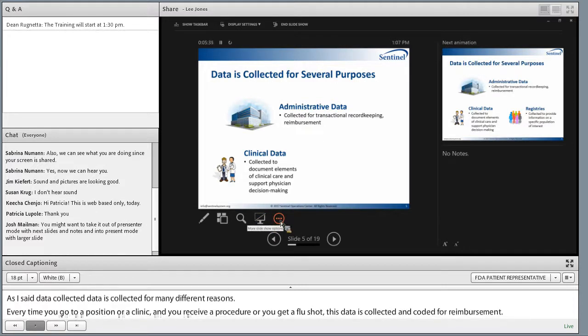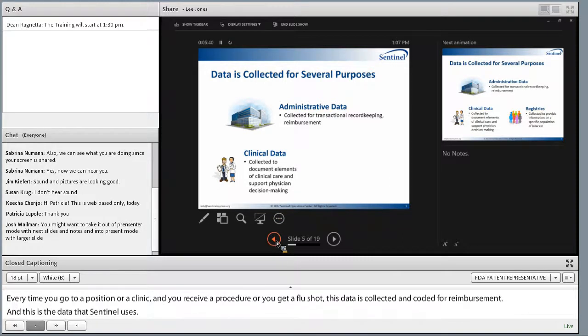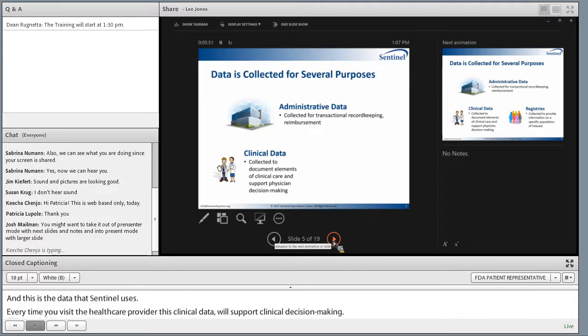Every time you visit your healthcare provider, clinical data document elements of your care to support clinical decision making, to keep you healthy, and so that the next time you come in, they can refer back to this information and make an informed decision about what to do next based on your history.